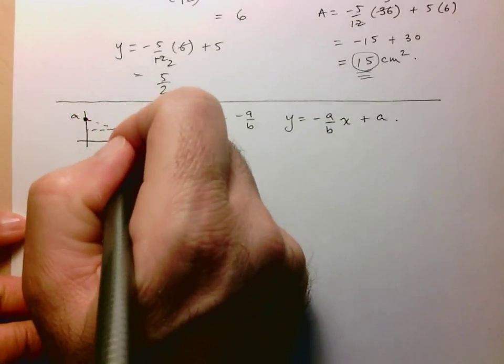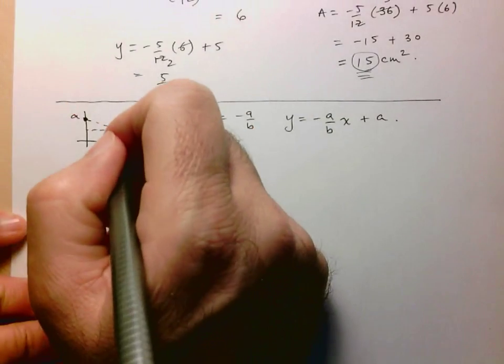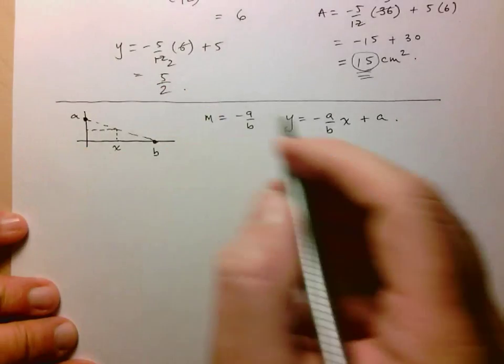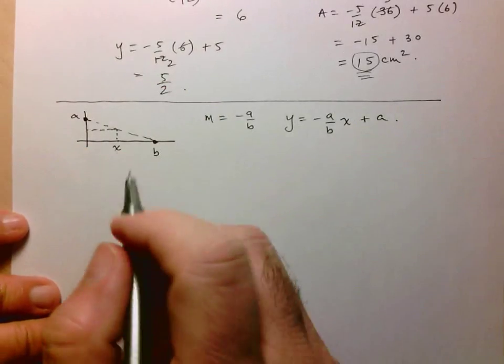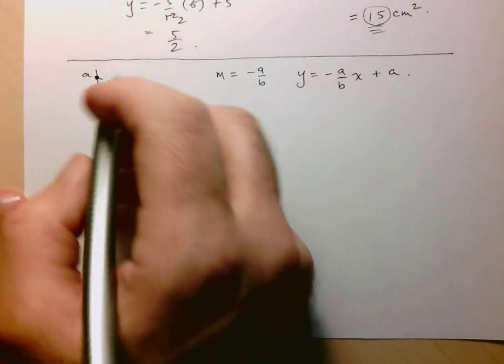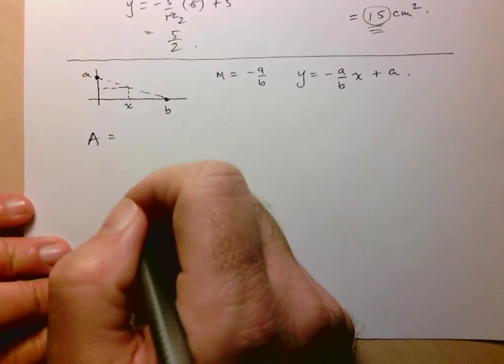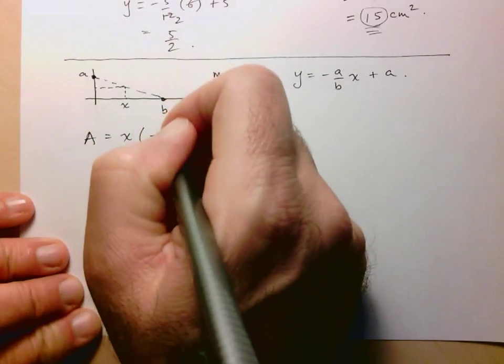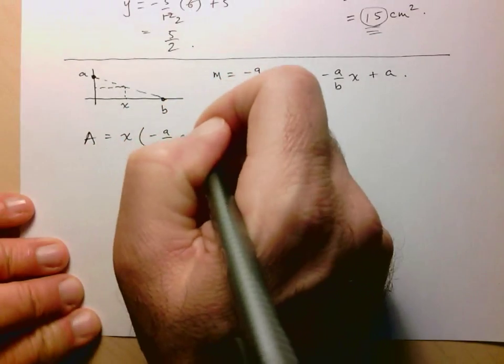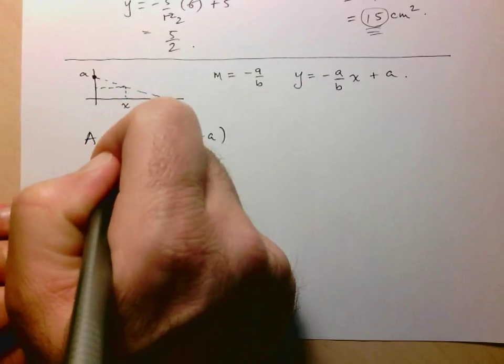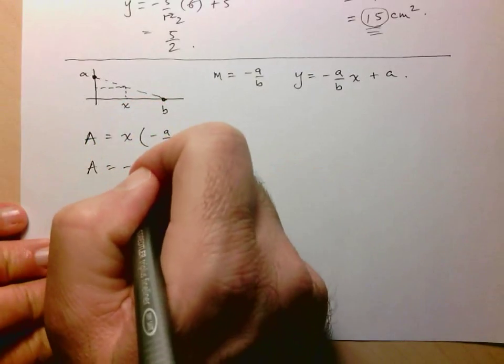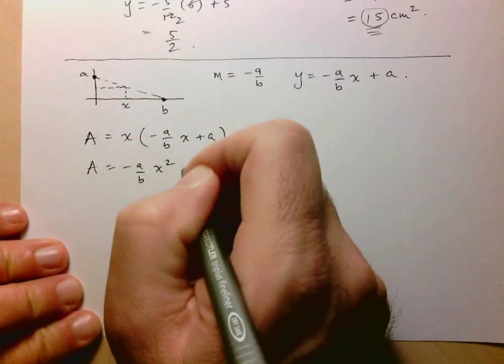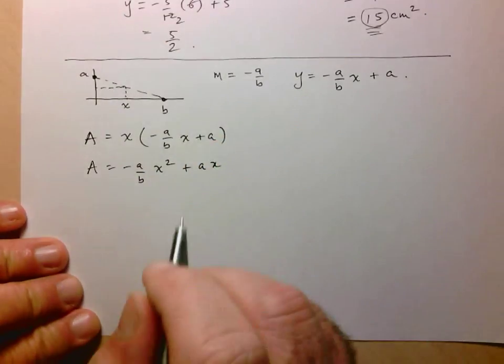I'll call the length of this rectangle x, and so the width of the rectangle is just going to be given by the y value of that function at x. Okay, so let's come up with an area function. So it's just going to be x times (-a/b x plus a).